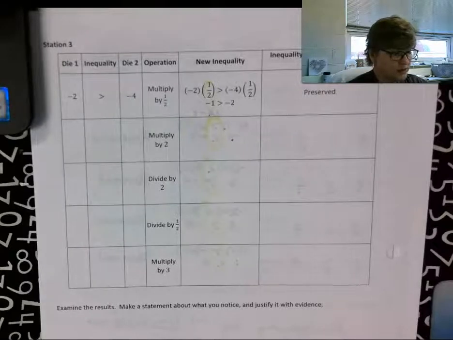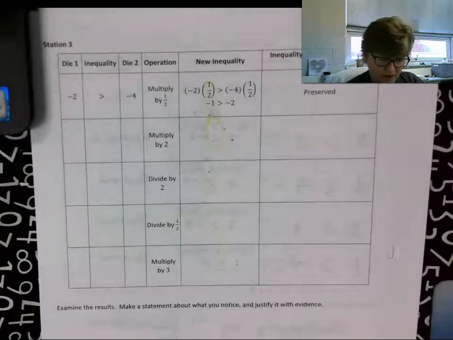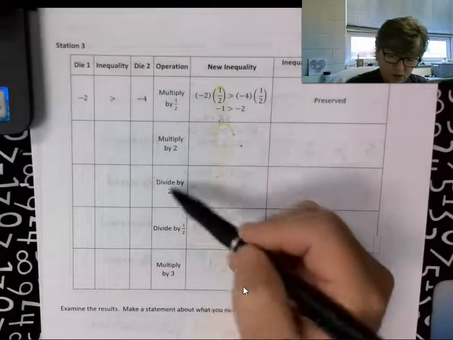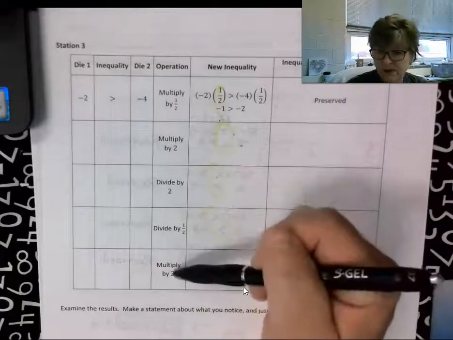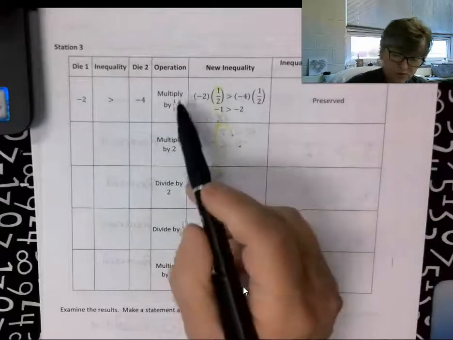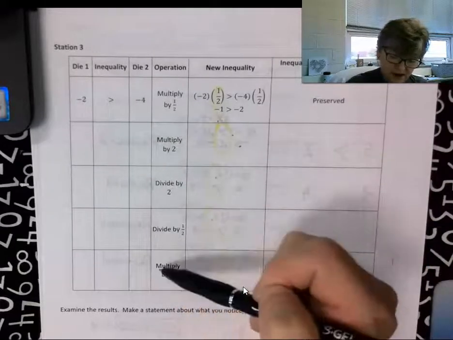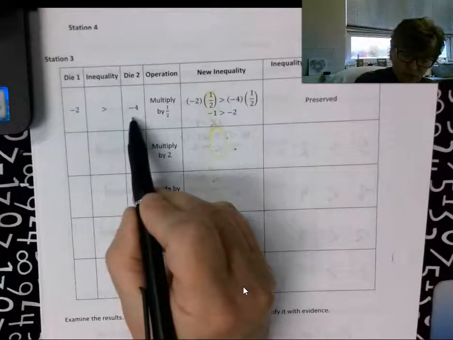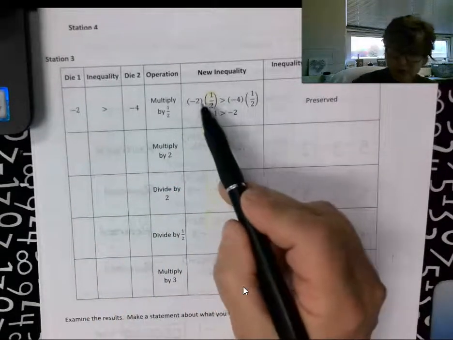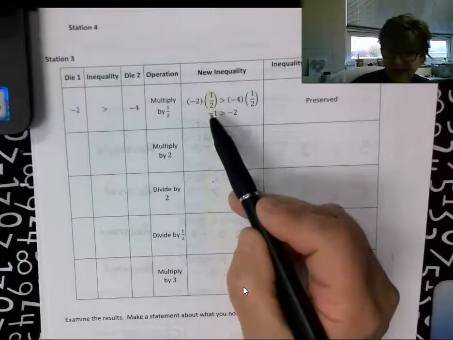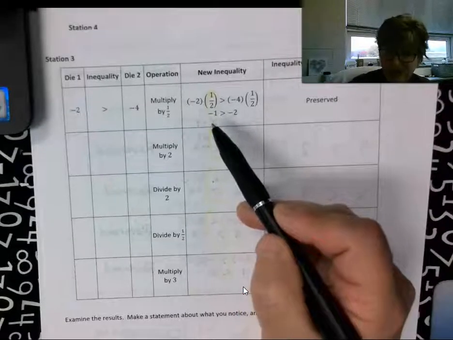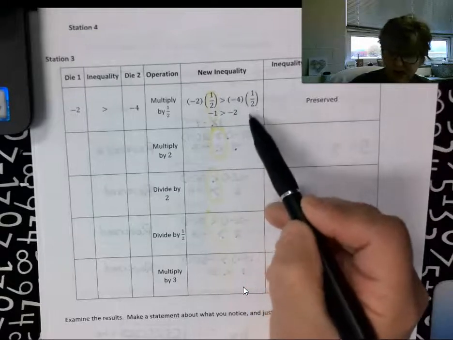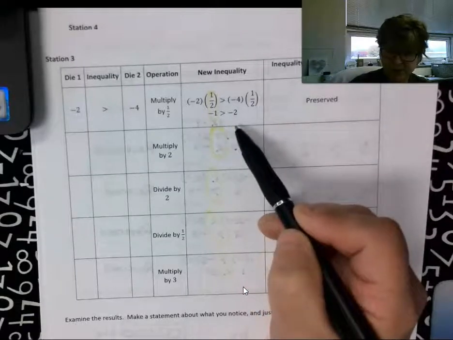Okay, again, we have another game using multiplication, and it's different numbers and division. So noticing we're multiplying and dividing. -2 is greater than -4. Again, we're showing that work of -2 times a half is -1, because half of -2 is -1. And -4 times 1/2 is -2.